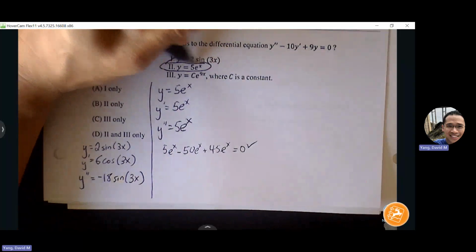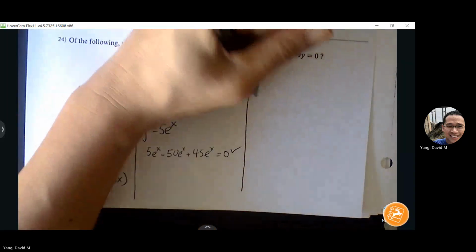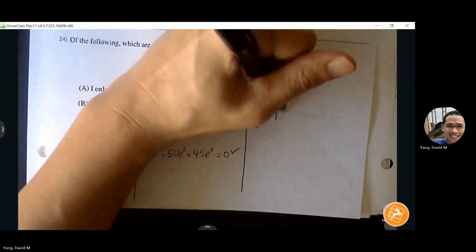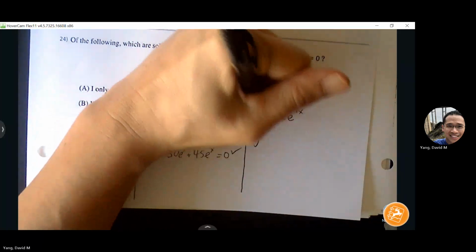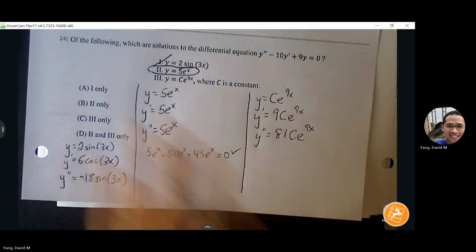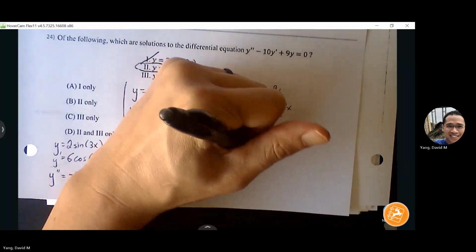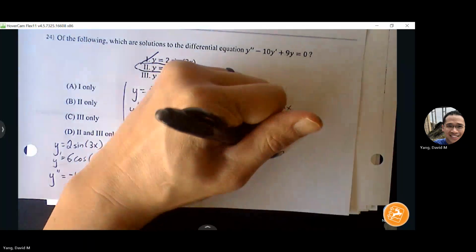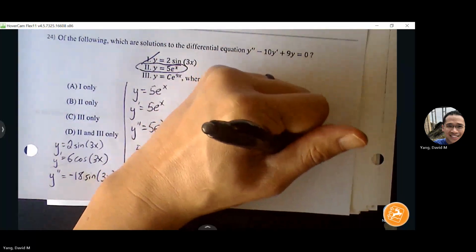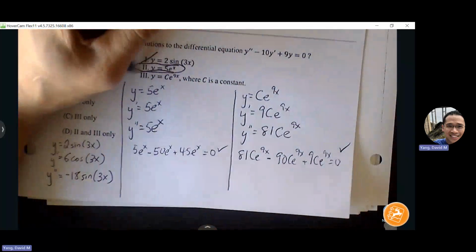This one we can keep. Third one we can also keep.